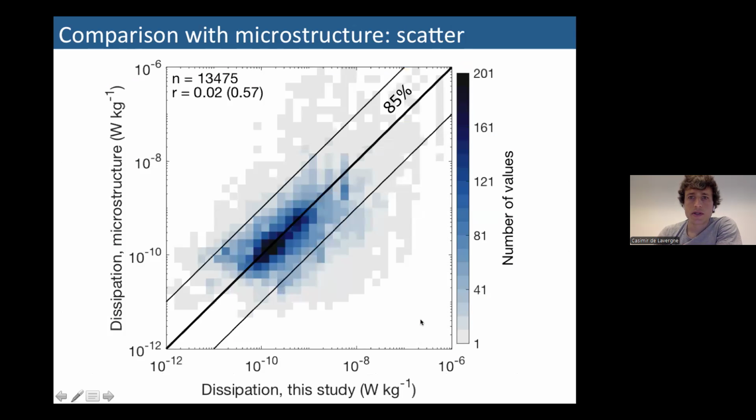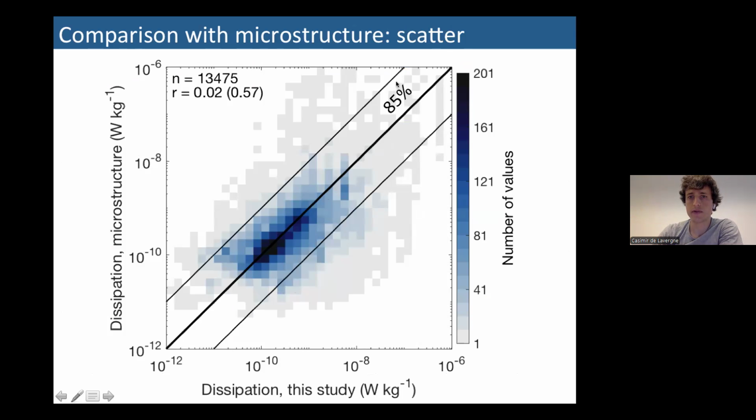More quantitatively, this is a scatter plot of the dissipation from microstructure data, all these projects, all these profiles in 3D, compared to the parameterization, the 3D map I produced. If I take all these measurements, we see that we seem to have a good correlation and pretty good order of magnitude agreement.